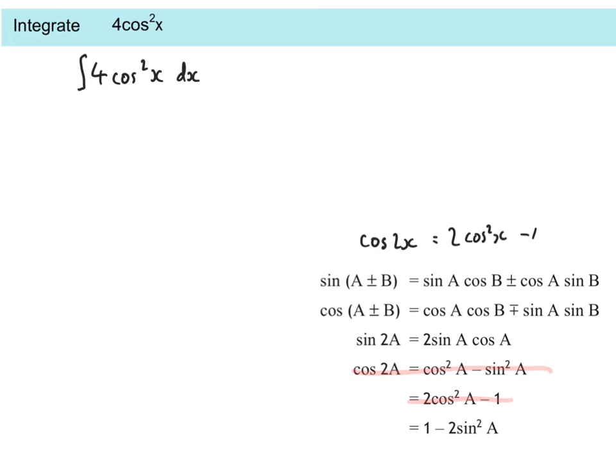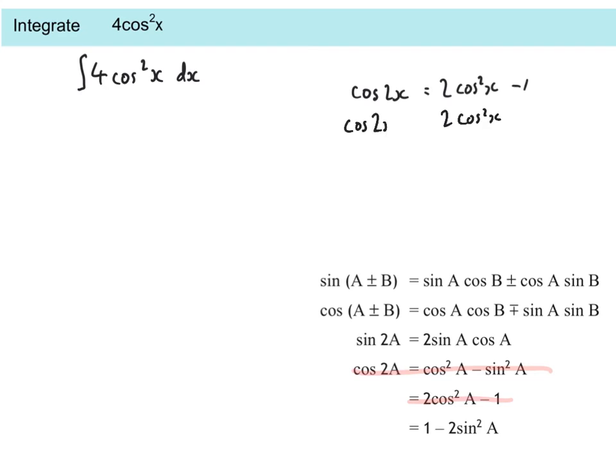The other one is a little bit more useful. If I rearrange him to get cosine squared x on its own, I'm going to end up with this. 2 cosine squared x is going to be cosine of 2x plus 1. Cosine squared x is going to be a half of cosine 2x plus a half.